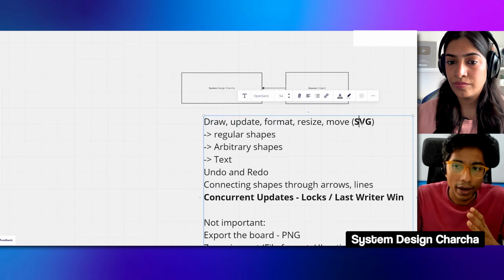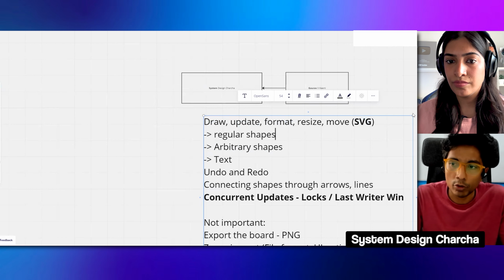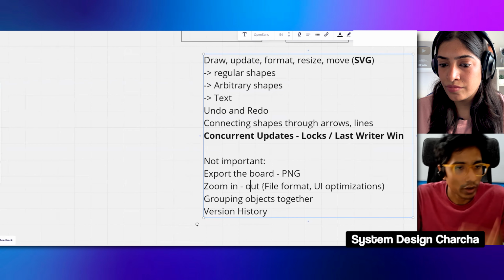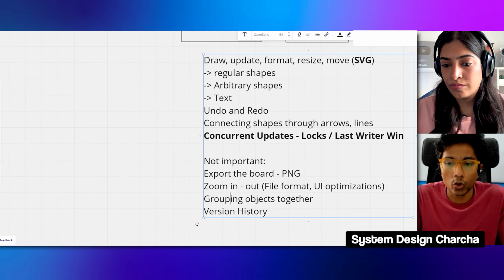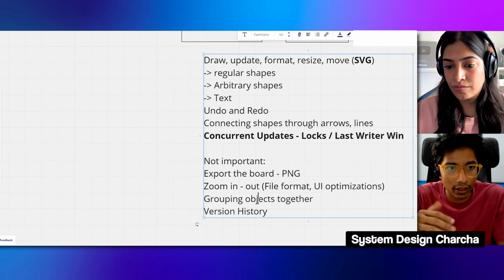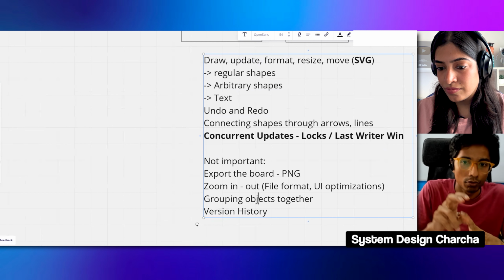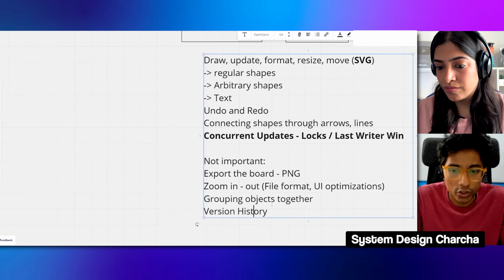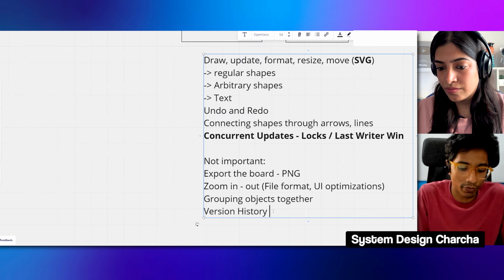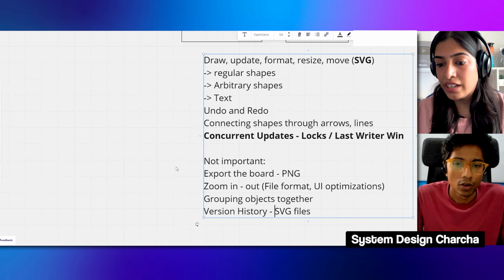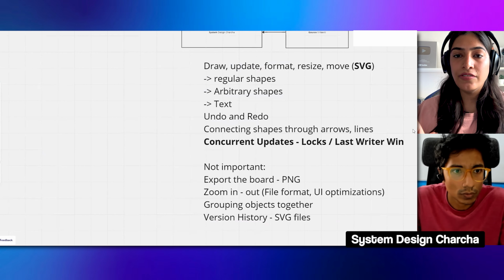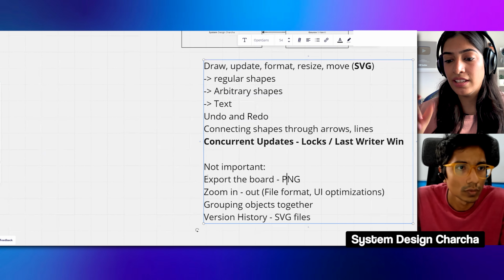Okay, and the format is perfect because, like you mentioned, Keerti, you want to be able to zoom in and zoom out efficiently, and you want to group objects together. Again, this is a hierarchical format where you can group multiple SVG components together. And you have a version history also, so you just store SVG files here. Also interestingly, if you export PNG or PDF, they are usually much bigger than SVG files.